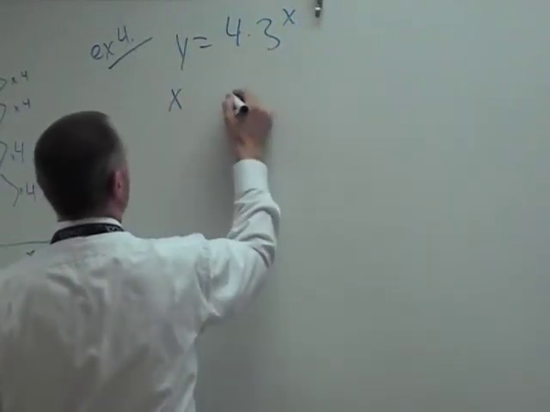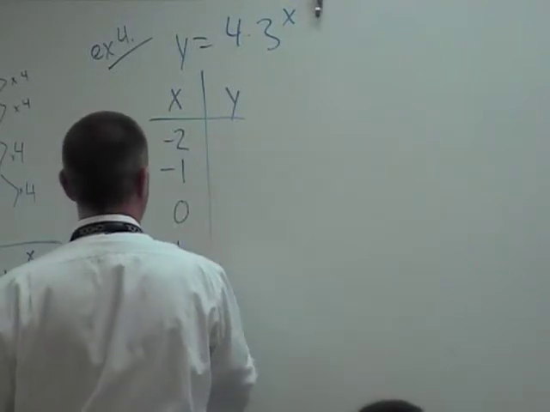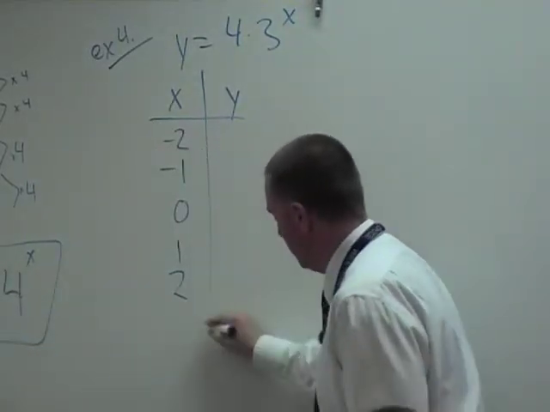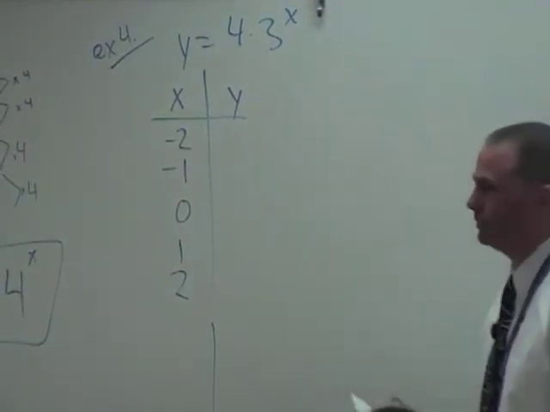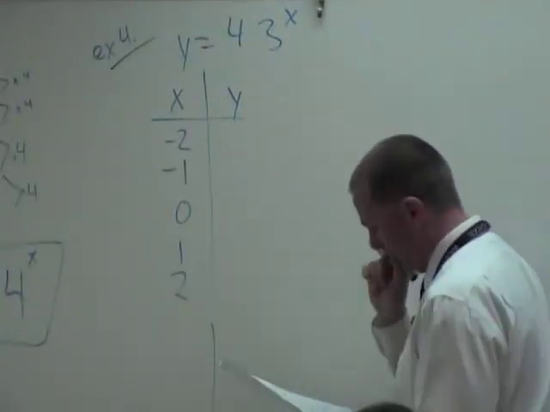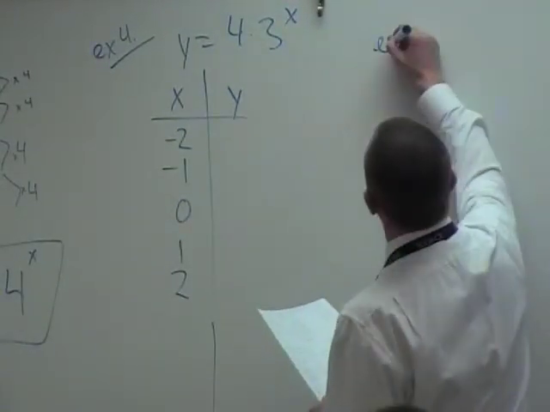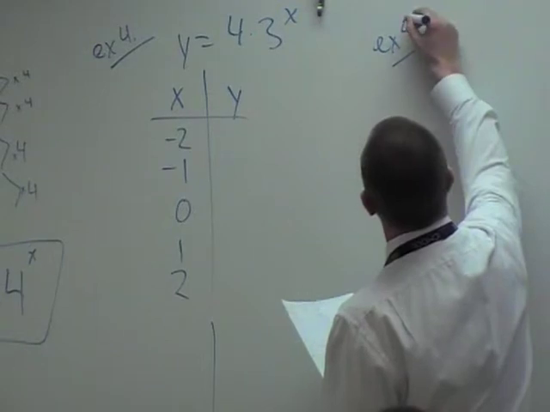And I want everybody to figure out -2, -1, 0, 1, and 2, and then try to graph it. I want to put the other examples up here because I want you to work on them if you get done.